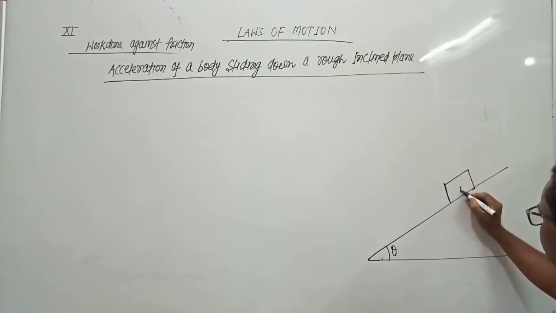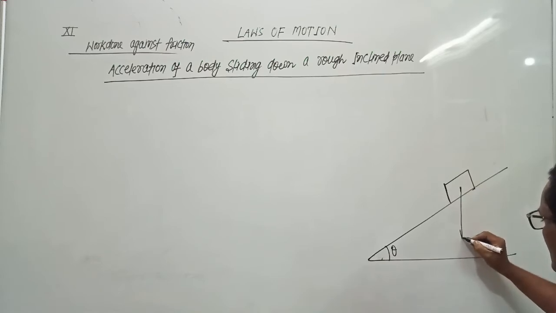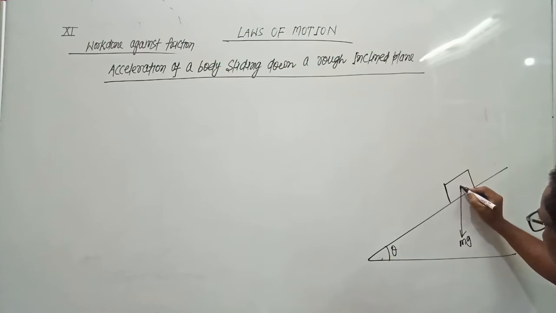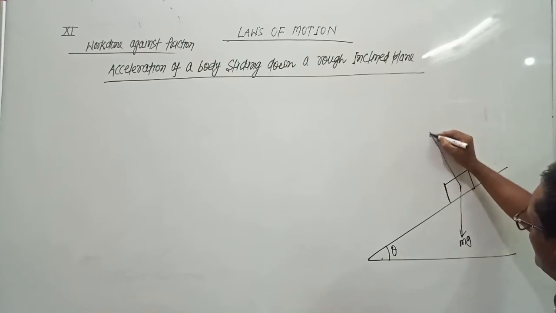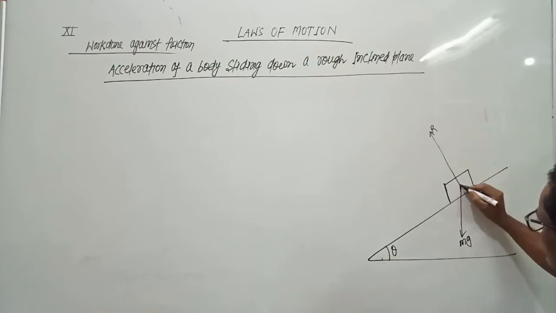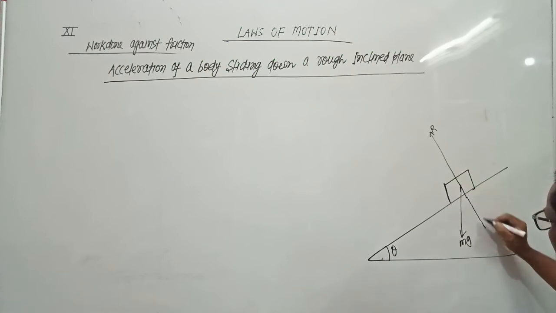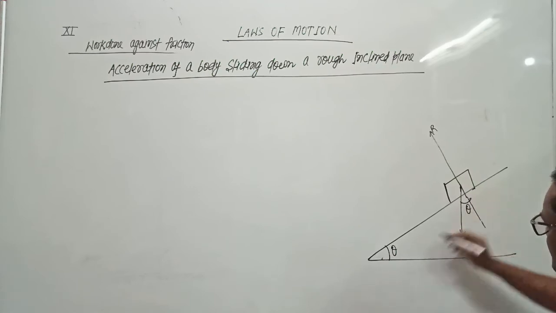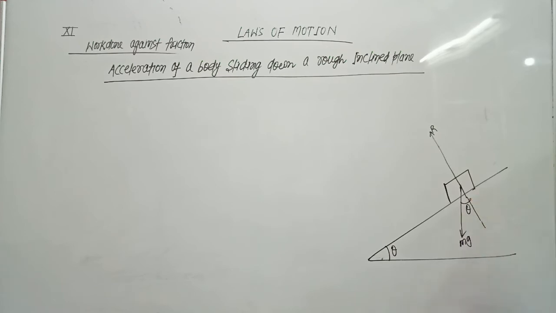So its weight acts downward, and the normal direction acts upward perpendicular to the surface. This angle will be theta. If this is theta, then this angle will also be theta. The body is sliding down a rough inclined plane.